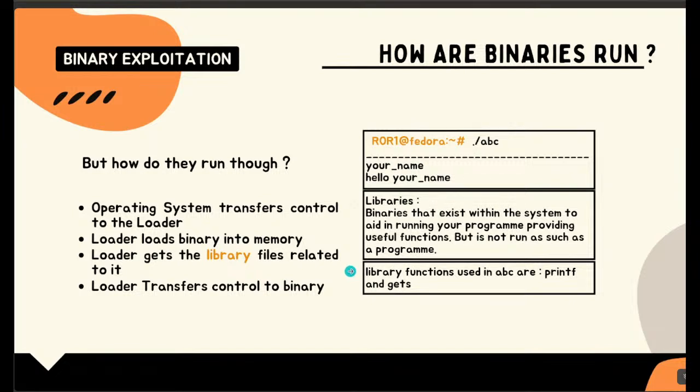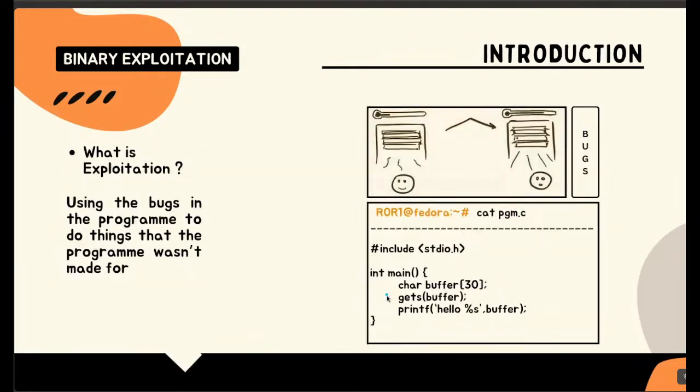Examples of this are library functions such as printf and gets. gets, as you saw, is truncated from the current C library, but it's still a function that is declared. We'll talk about that. gets and printf, as you can see over here in program.c, are two functions that this program uses.